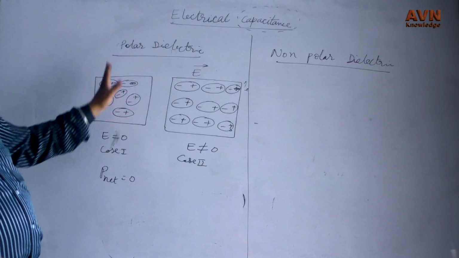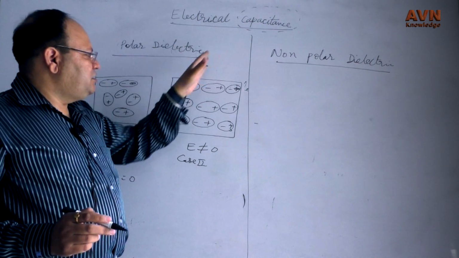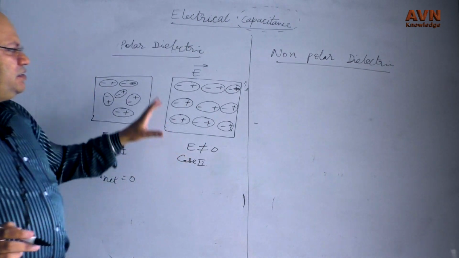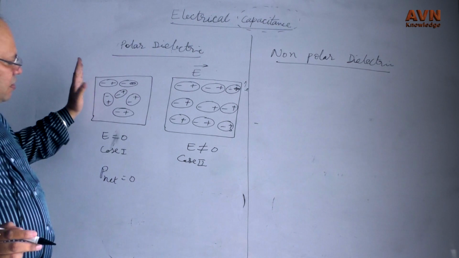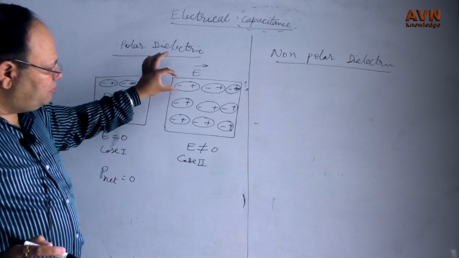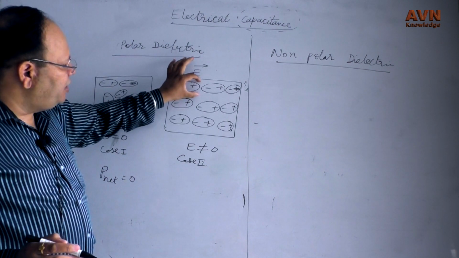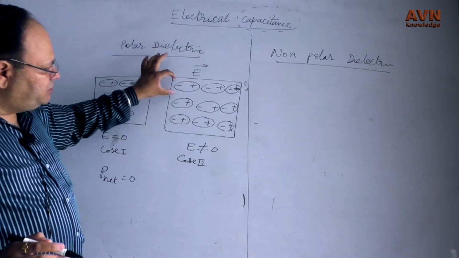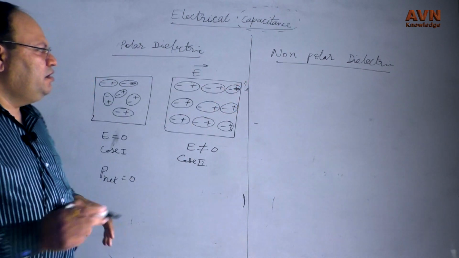When we apply the electric field to this substance, they feel an electric force on this polar dielectric, and they separate in a linear way.